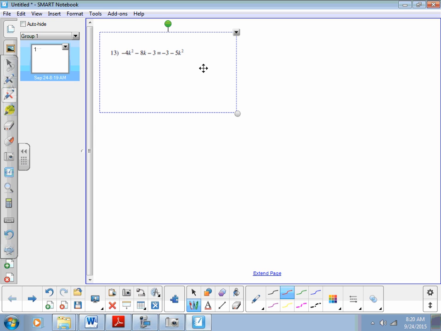For this problem right here, the terms that are over here on the right side, we can either move everything to the right, or we can move everything to the left. What do you think would be the better move? If we move everything to the left, you notice you're going to have to add 5k squared to both sides.